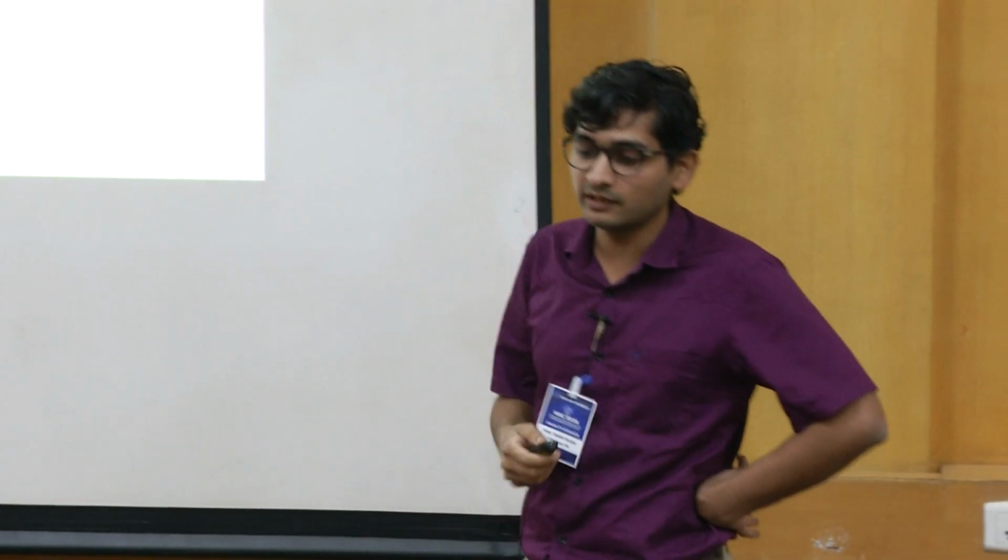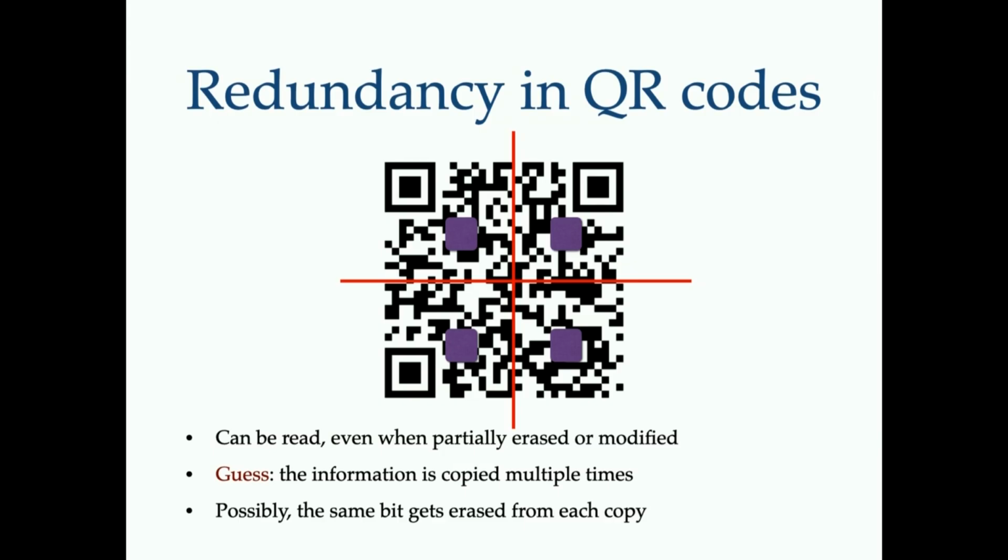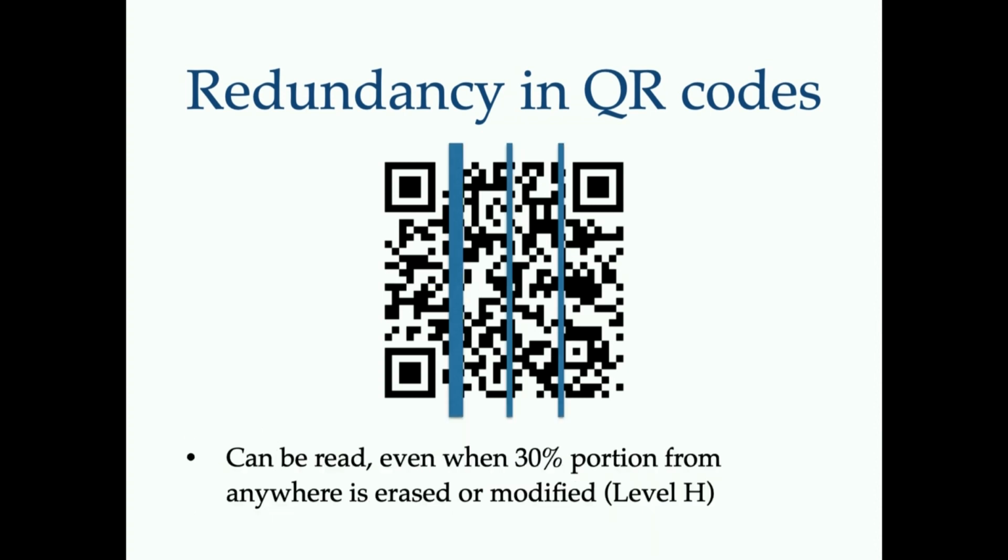I'll show you what guarantees QR codes give you. For example, from these 4 blocks I have deleted these 4 spots, and a scanner will still be able to read this. Or if I hide these parts of the QR code, you will still be able to read it.